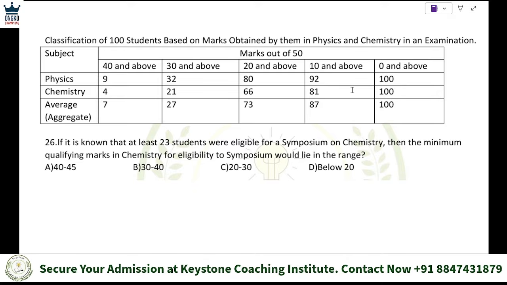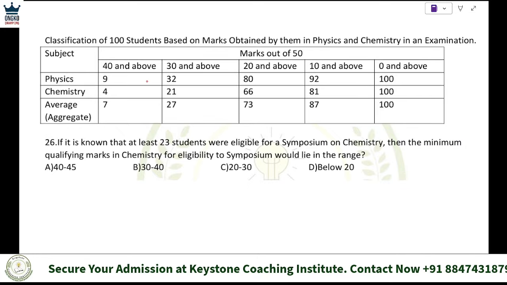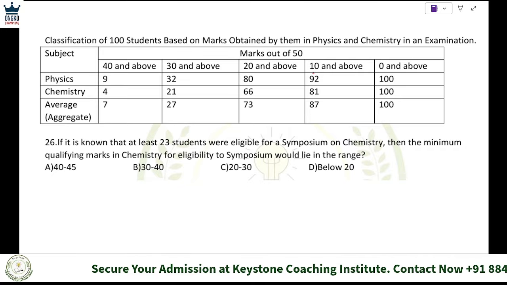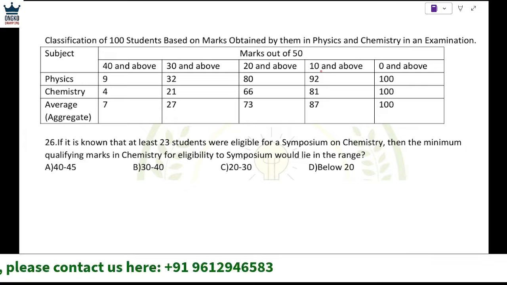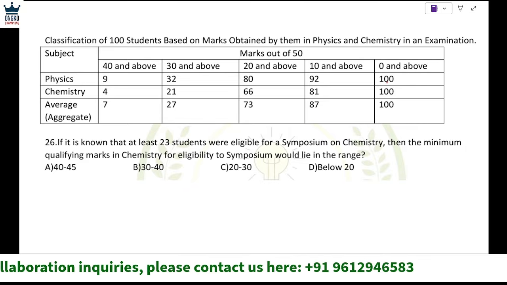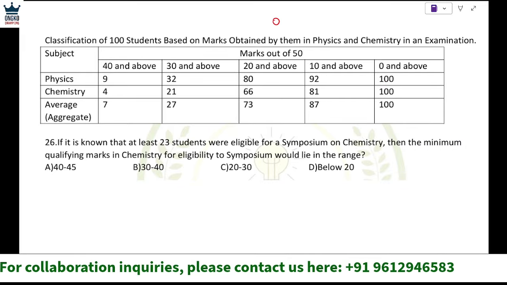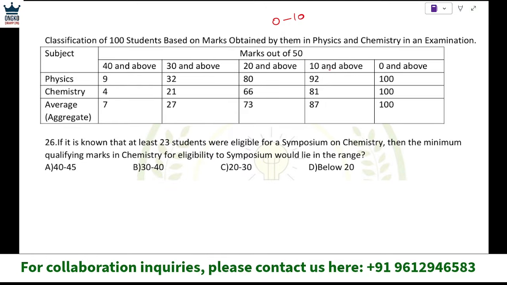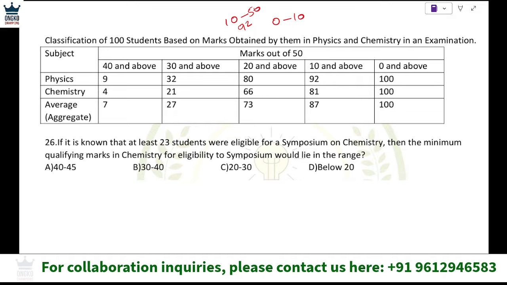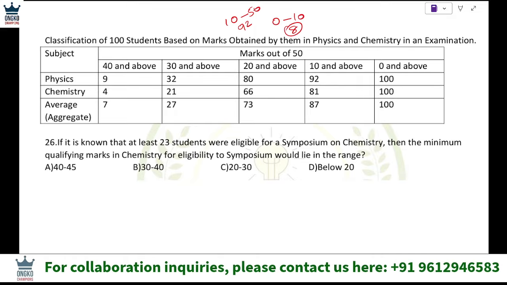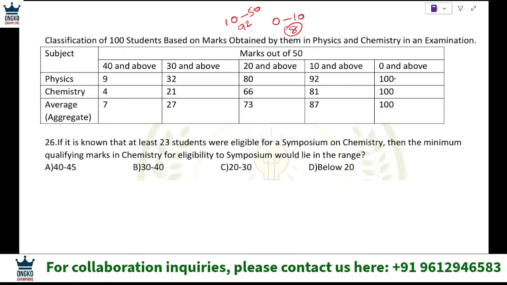We have 100 students: 9, 32, 80, 92. 10 marks and above, 92 are there. That means 0 to 10, how many are there? 100... oh, sorry, 0 to 10 and 10 and above. 10 and above means 10 to 50, 92 are there. 0 to 10, 8 are there, which is not mentioned in the table. 0 and above gives 100 students out of 50 marks.